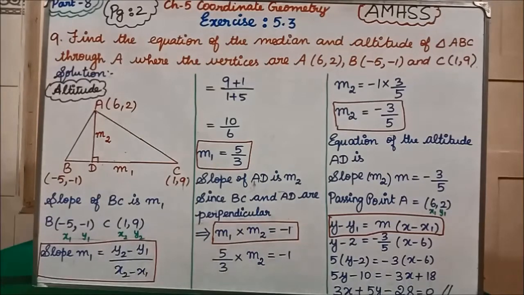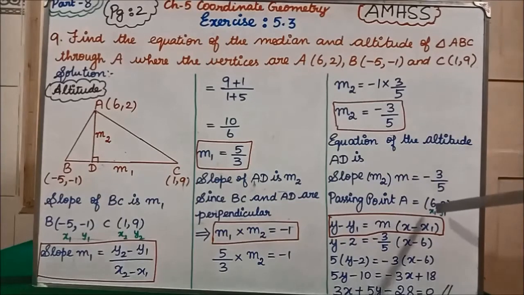I have told you in the introduction itself, what is the formula for one point and slope? Point slope formula is y minus y1 equal to m into x minus x1. That is our formula. Clear?